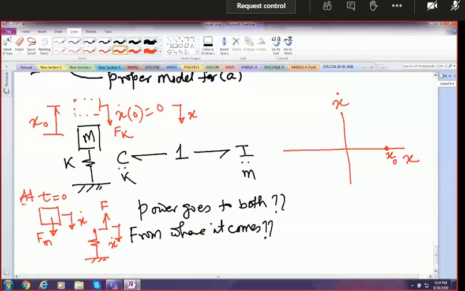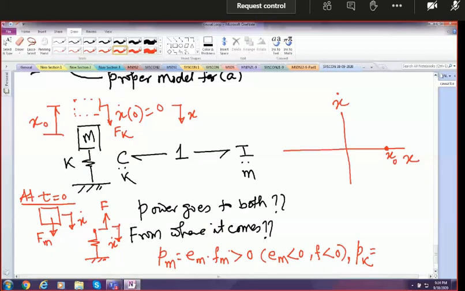So what happens now? Power in the mass is effort in mass times flow in mass. That is actually greater than 0. Effort is less than 0, downwards, and flow is less than 0, so it is positive. What is power in the spring? Force is upwards.